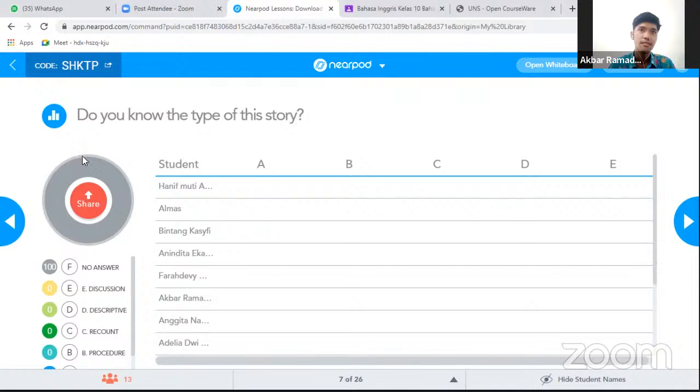That is a polling question related to the previous activity. Here you only need to answer according to your understanding of the type of story that you have seen before. I will give you about 1 minute to choose the correct answer.